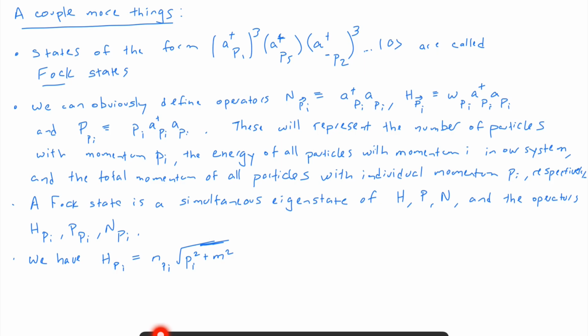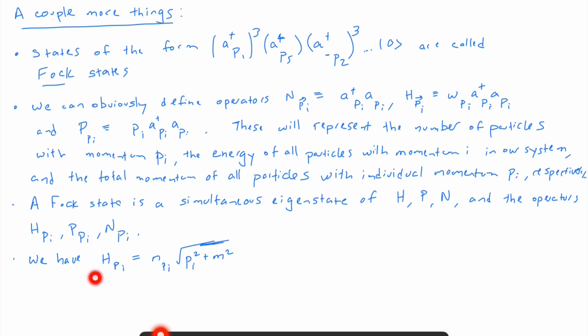Now, the real big part, which is somewhat obvious but worth saying: a Fock state, like something created like this, is basically a simultaneous eigenstate of everything that we've talked about so far: the Hamiltonian, the total momentum operator, the total number of particles operator, and the sub-operators H_pi, P_pi, and N_pi. So it's a simultaneous eigenstate of all of these things.